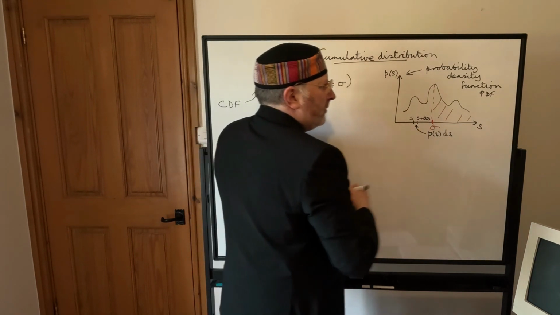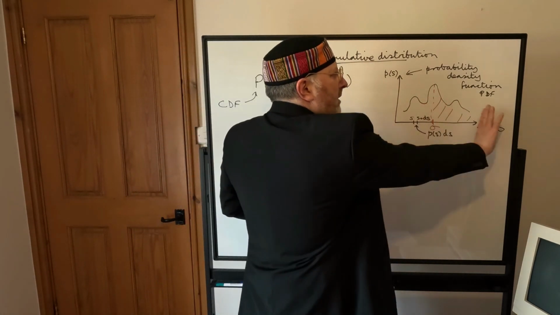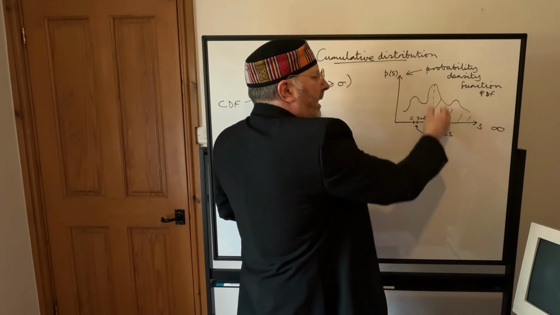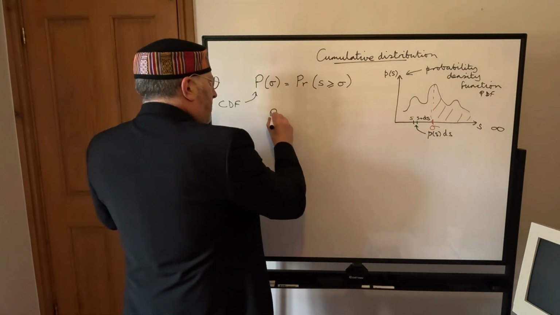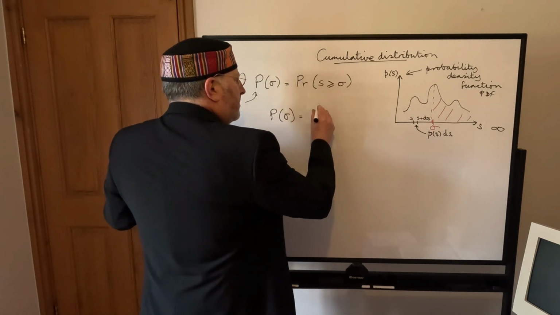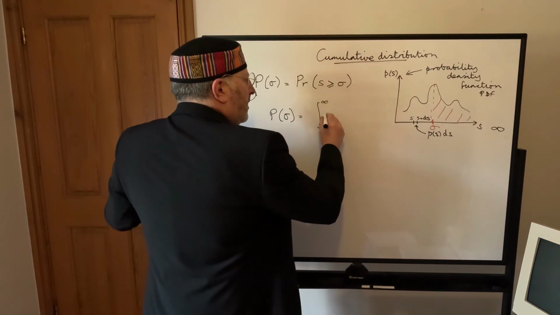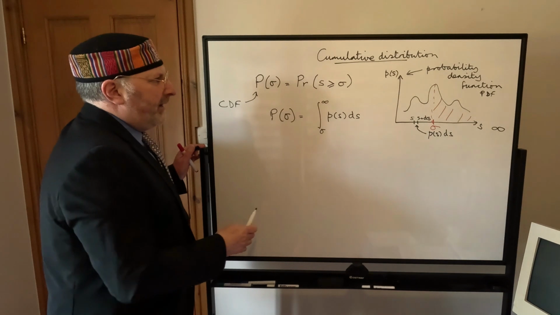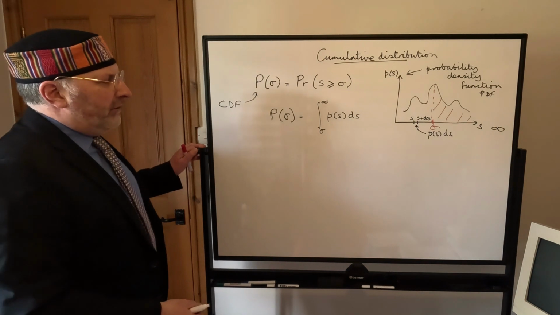It's the size is greater than or equal to sigma, so it's from sigma up to infinity. We're interested in that probability, what's above there. So we're adding up all the probabilities above sigma. So in other words, this capital P of sigma is going to be the integral from sigma to infinity of P of S times ds. That's just summing all the probabilities, but doing it as an integral.